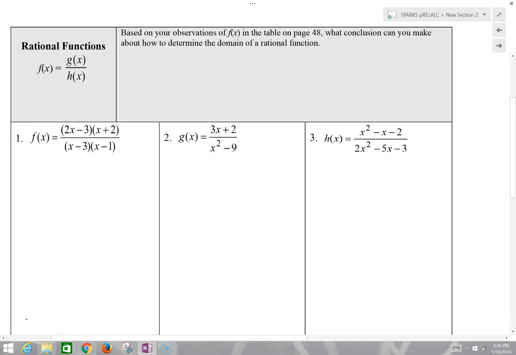Alright, so given what we looked at just previously, hopefully you thought a little bit about what kinds of things cannot be in the denominator, and we're going to write it down, what kind of conclusion hopefully you came up with from the previous page.